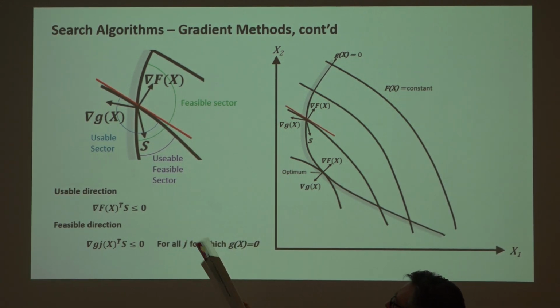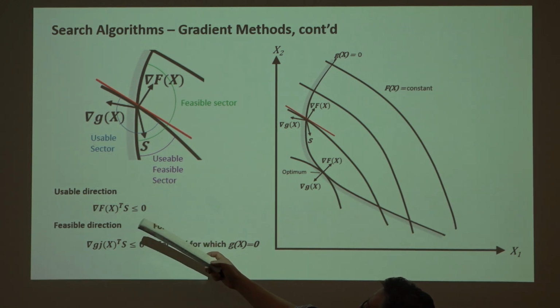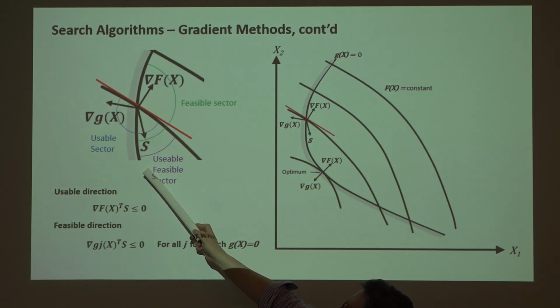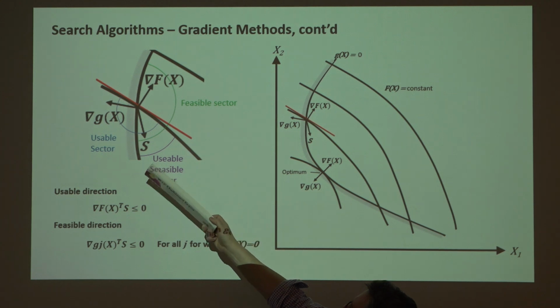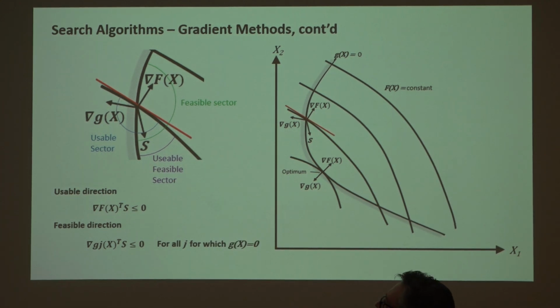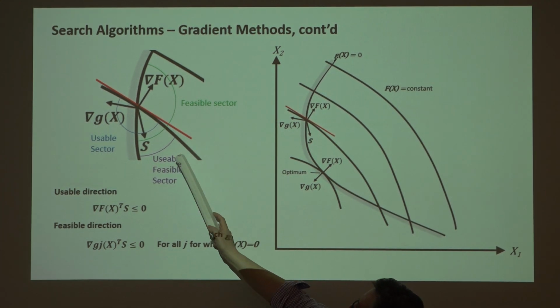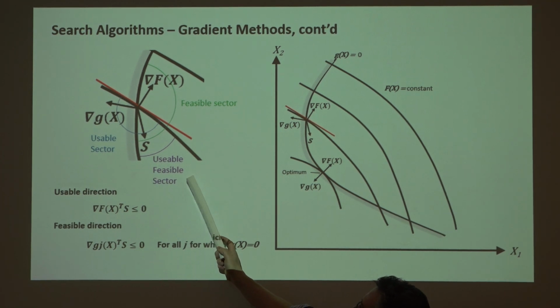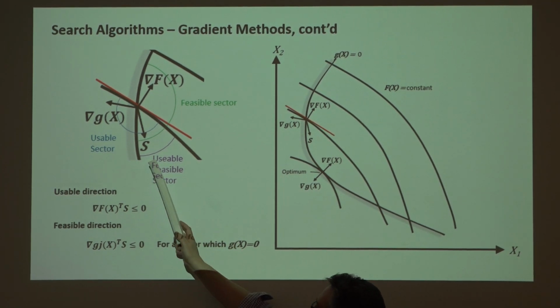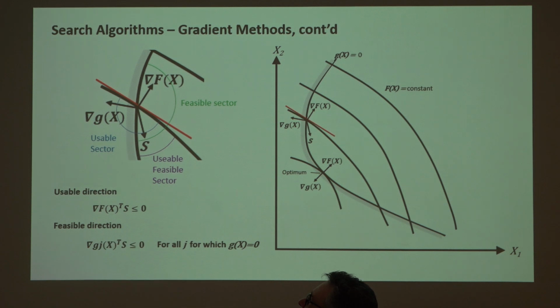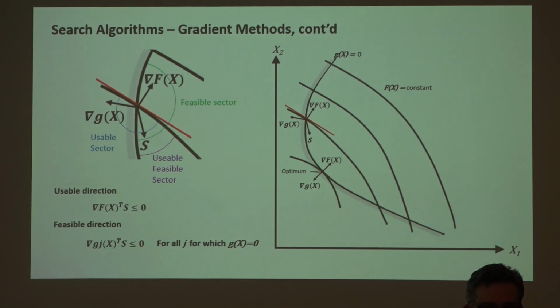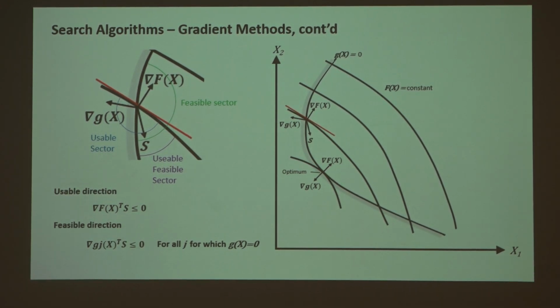Okay, 180 degrees around the g curve is the feasible region. The angle between your f of x and your g of x is the usable, feasible sector, and the direction normal to the constraint g of x is unusable, right? Because it breaks the constraint.